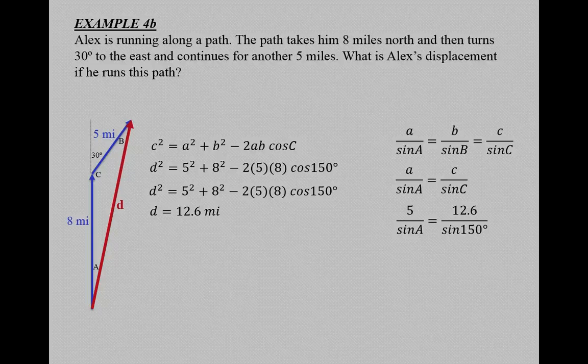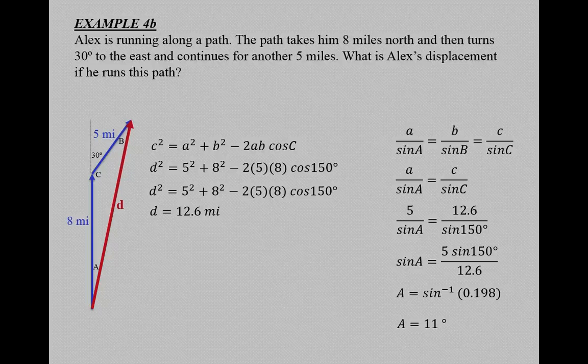So side length A is 5 divided by the sine of angle A, that's what I'm trying to solve for, equals side length C, which we just solved for is 12.6, over the sine of angle C, which is 150 degrees. Cross multiply and divide. To solve for sine A, take the inverse sine of both sides to solve for angle A, and you get that angle A is equal to 11 degrees, the same answer we got in the last problem.